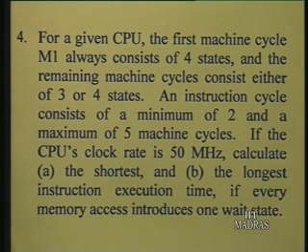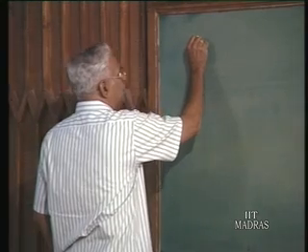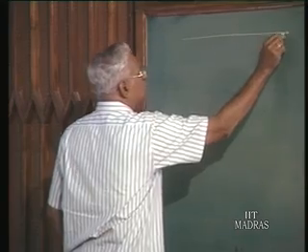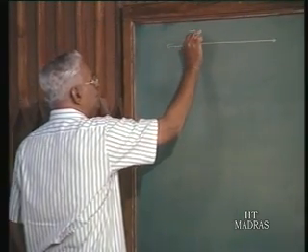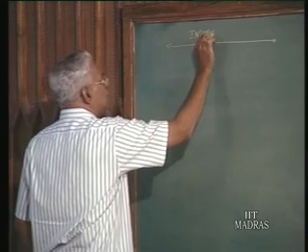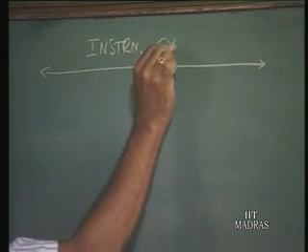Now, let us work out some detail before you note down the data given in the problem. First of all, an instruction cycle consists of machine cycles.